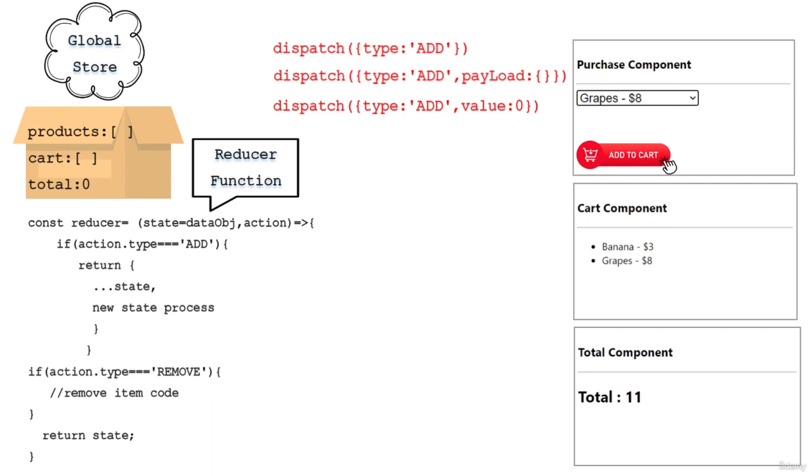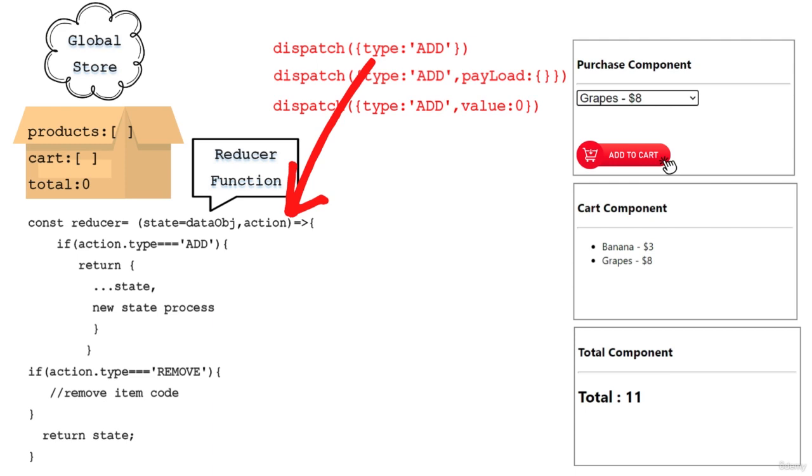Again, I just want to summarize that whenever there is an action, whenever there is an event, you actually dispatch the action, and whenever the dispatch method is called on any event, there will always be an object passed to reducer.